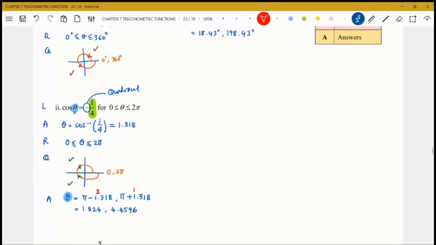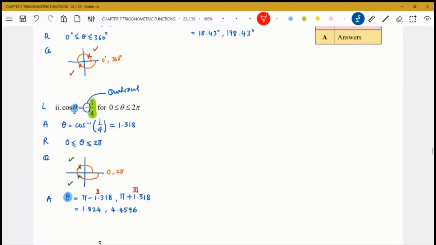Ini adalah pada kuadran ke-3. Okay, so ingat negative sign ni hanyalah merujuk kepada kuadran. So since is a negative for the cos theta, so it lies on the second and third quadrant. Di dalam ini wajib positive sign sebab kita nak cari acute angle. Okay, itu adalah part 2.